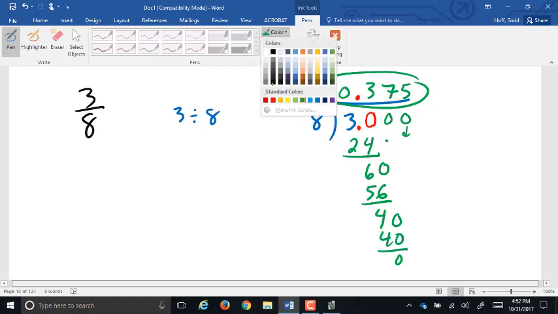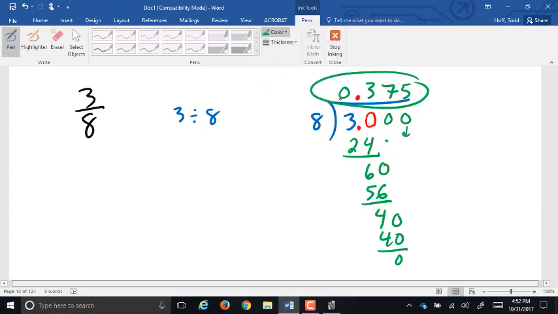Now I get asked all the time, do I need this 0 in front of the decimal point? The answer is mathematically no. 0.375 is mathematically correct. But depending on what field you are in, there are conventions that come into place here, especially if you're in a medical field, if you're in nursing or paramedic.